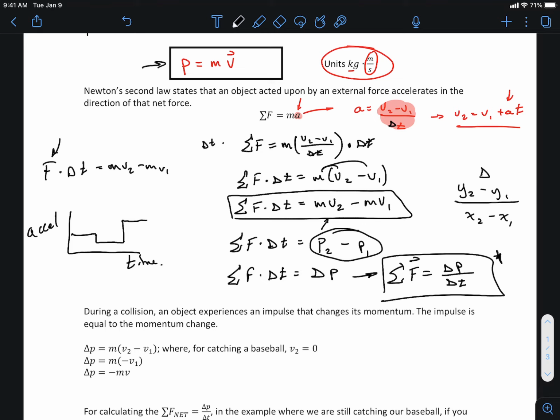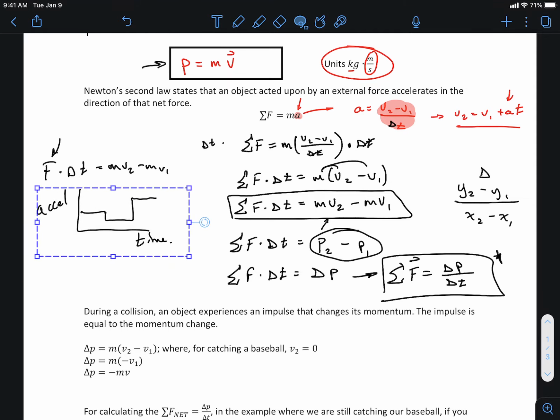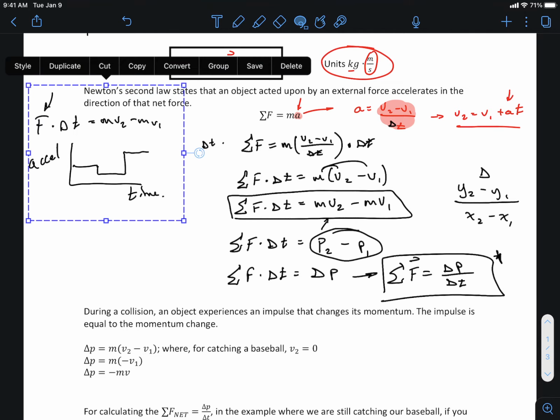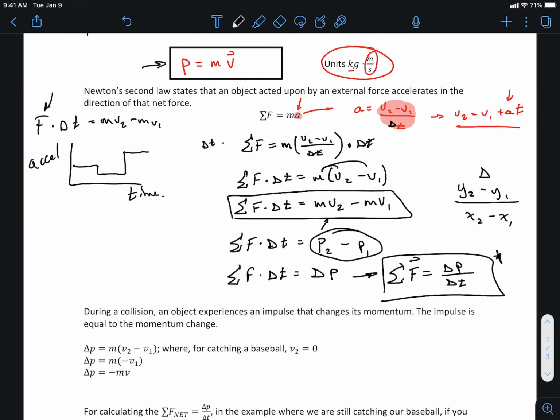And so we create this new phenomenon, because we haven't seen this before. Everything we've dealt with up until this point, forces have kind of remained constant in order to produce accelerations. And so we have to be able to define what this is.